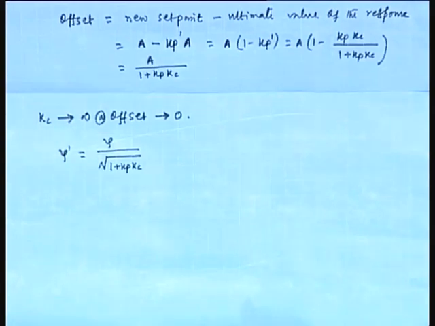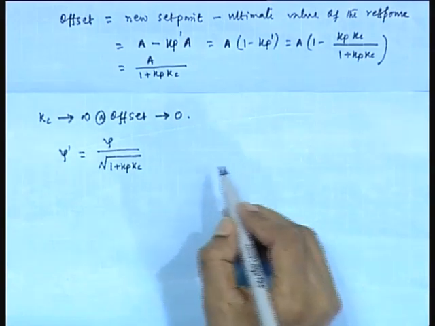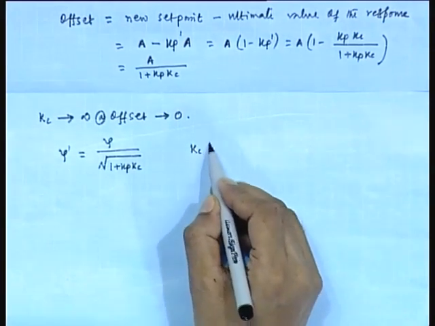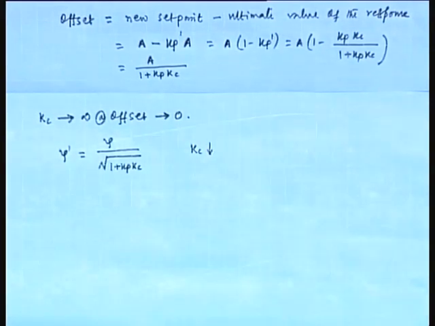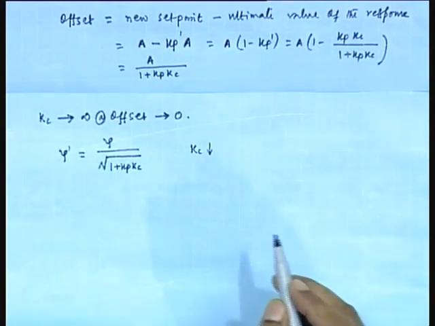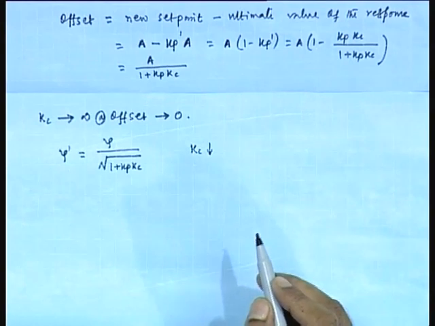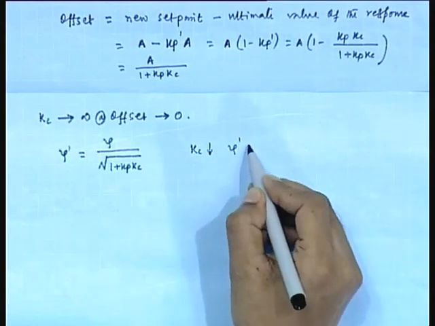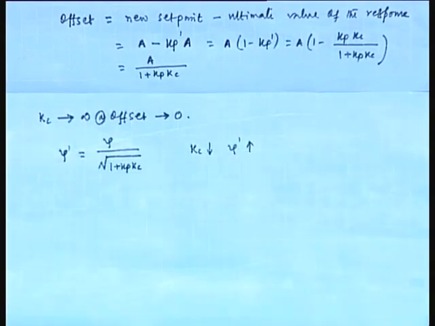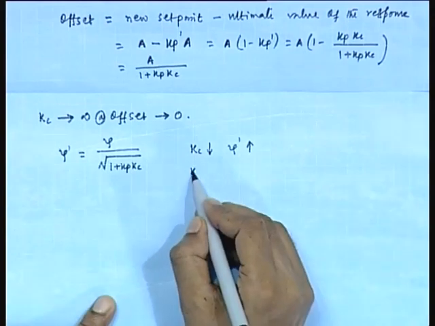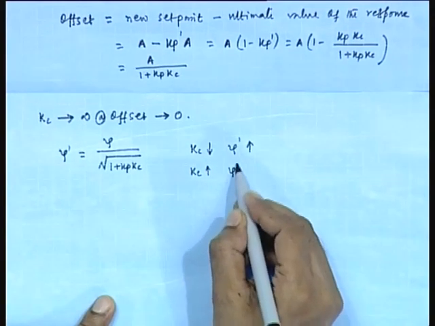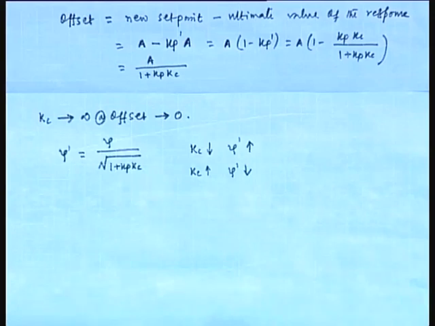This expression we obtain. So, with the decrease of Kc, zeta prime increases. Agree? So, with the increase of Kc, zeta prime decreases.